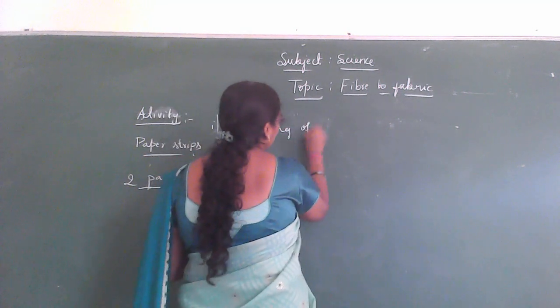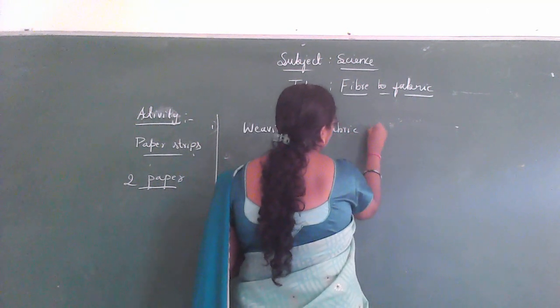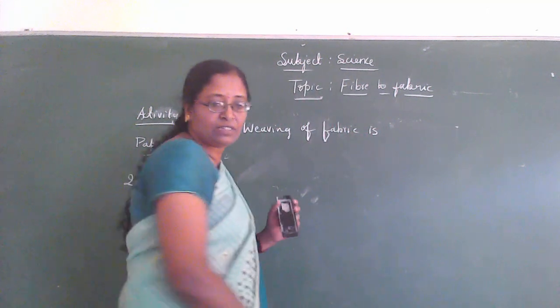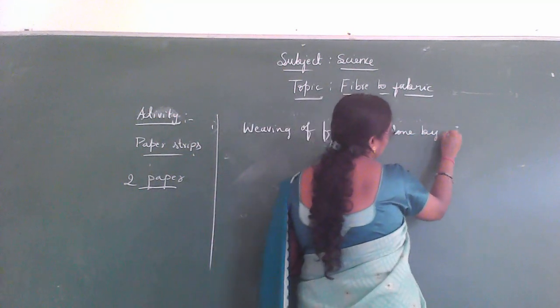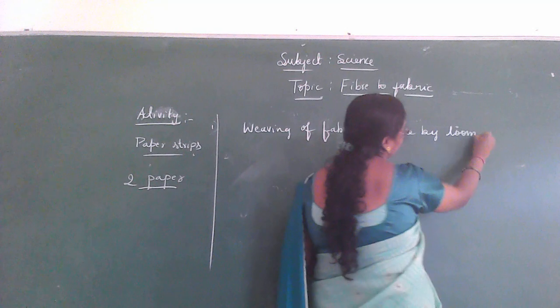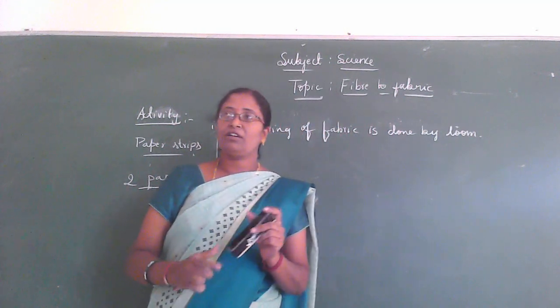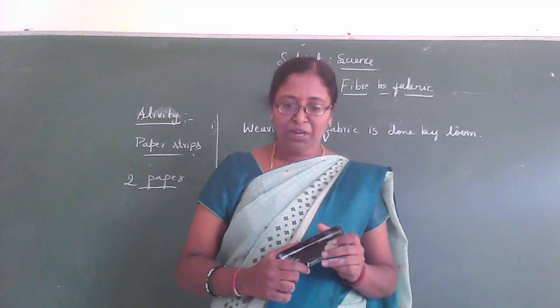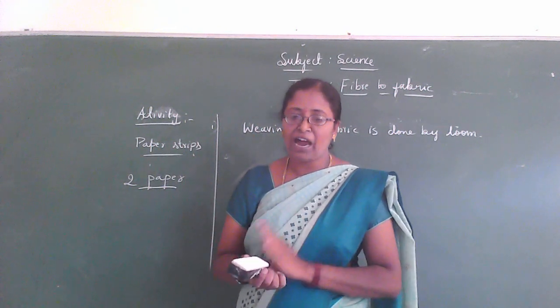Weaving of fabric is done by loom. The looming of the cloths is done by hand looming, hand operated.